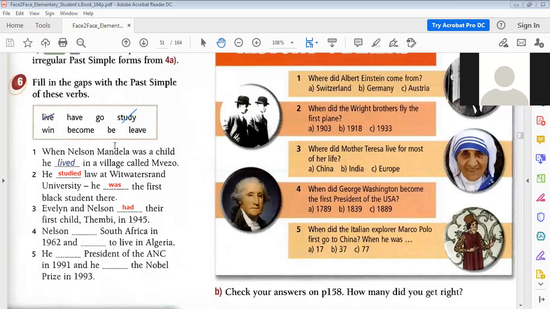And number 4, Basma? Yes. Nelson left South Africa in 1962 and went to live in Algeria. Okay, so he left South Africa and went to live in Algeria.